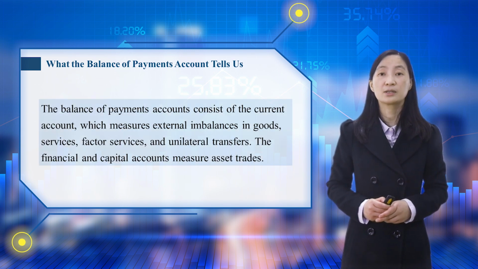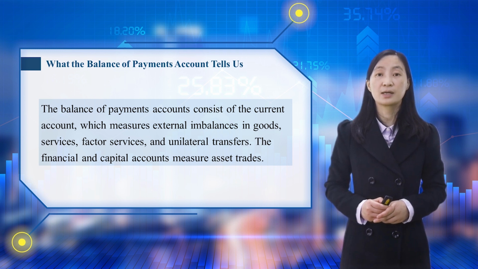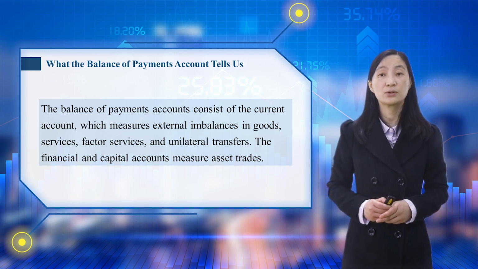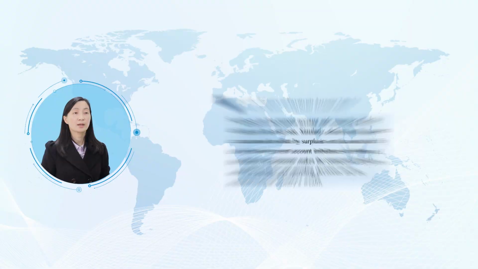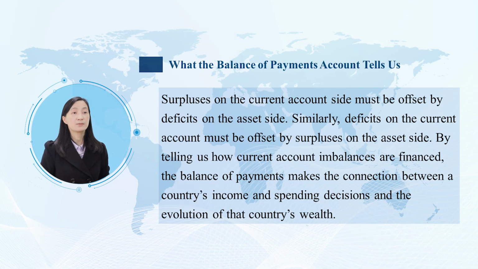From the above five cases, we can see that the balance of payments account consists of the following: the current account, which measures external imbalances in goods, services, factor services, and unilateral transfers; and the financial and capital accounts, which measure asset trades. Using the principle that market transactions must consist of trade of two items of equal value, we find that the balance of payments accounts rarely do balance.